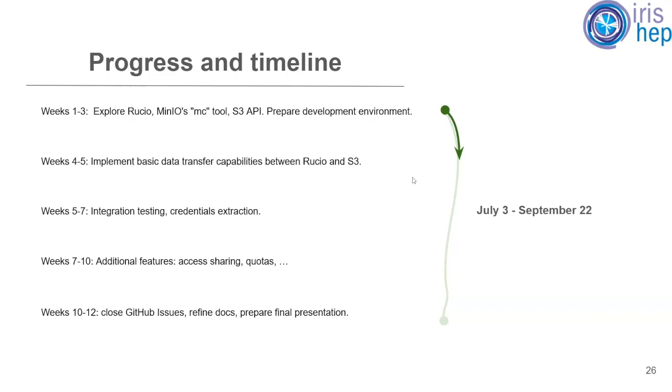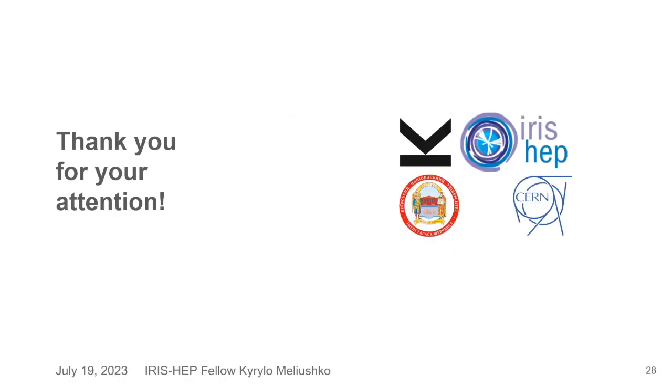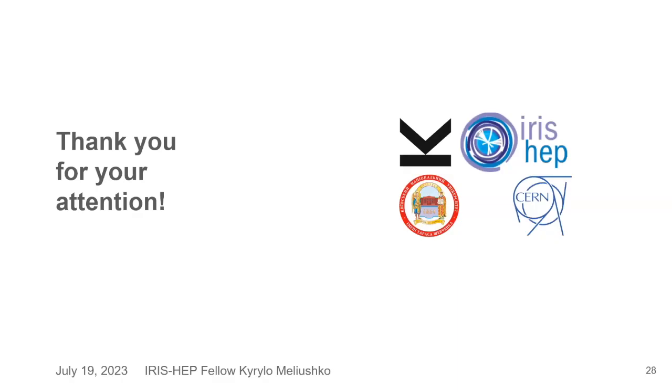As you can see on the timeline, I'm kind of at the beginning, and the final date of the project would be September 22nd. All right, and well, that's it from my side. Because there was an empty slide before. Interesting. Yeah, thank you very much for your attention. I hope I did it in 5 minutes.